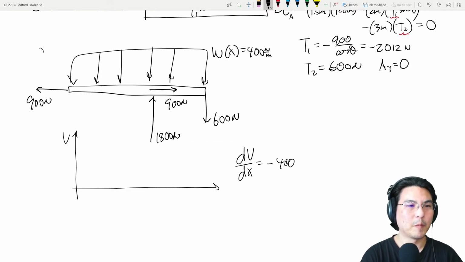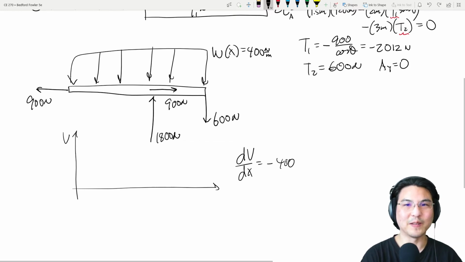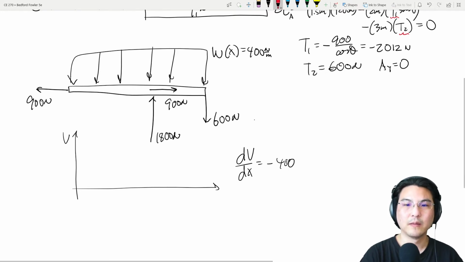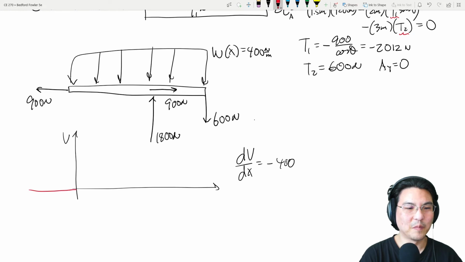Because on this side of the bar, there's definitely nothing happening. There's no shear. So just 0. And then over here, we start to experience this distributed load up until here, then something else happens, right? So from 0 to 2, this is between 0 and 2.